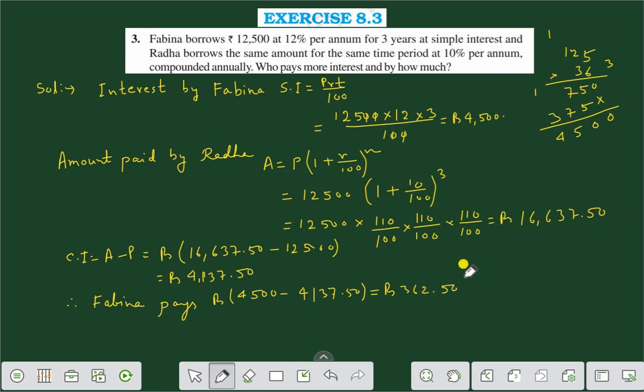Favina pays rupees 362.50 more than Radha.